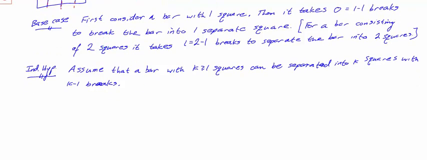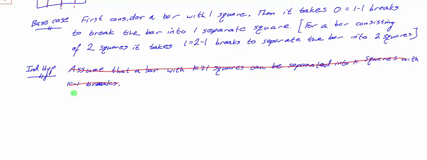And so we need, instead of induction hypothesis stated that way, as we go through our breaks, we could end up with various sizes of bars. We're never going to have a bar that's less than 1 square. And when we make a break, we're always going to have bars less than the size that we started with.